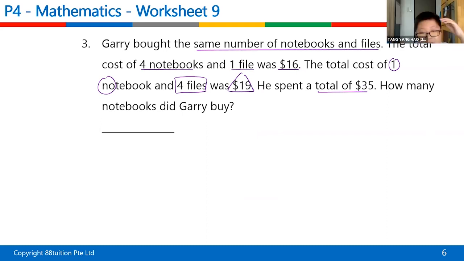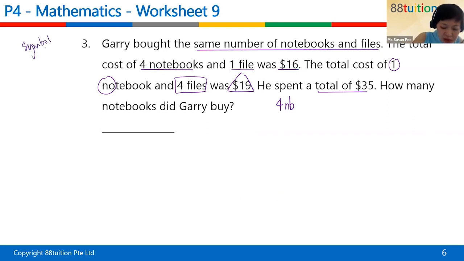Okay, let's take a look. So I have to write down 4 NB. I've used NB as a symbol. We also talked about symbols, right? 4 NB and 1 F, and this gives me $16.